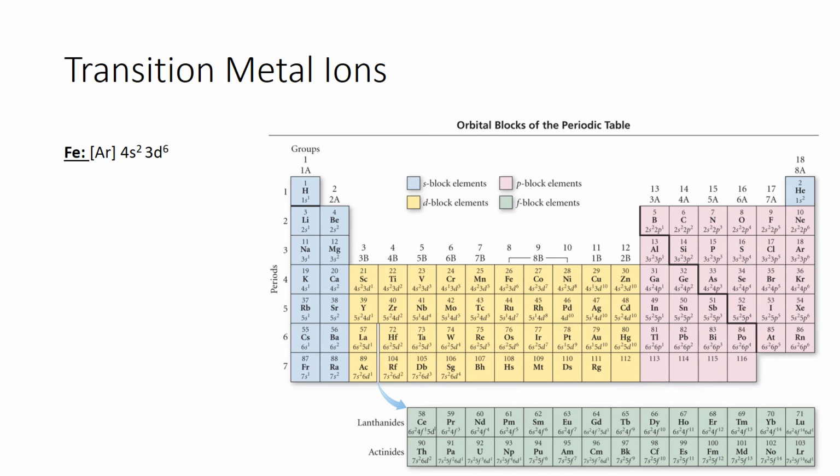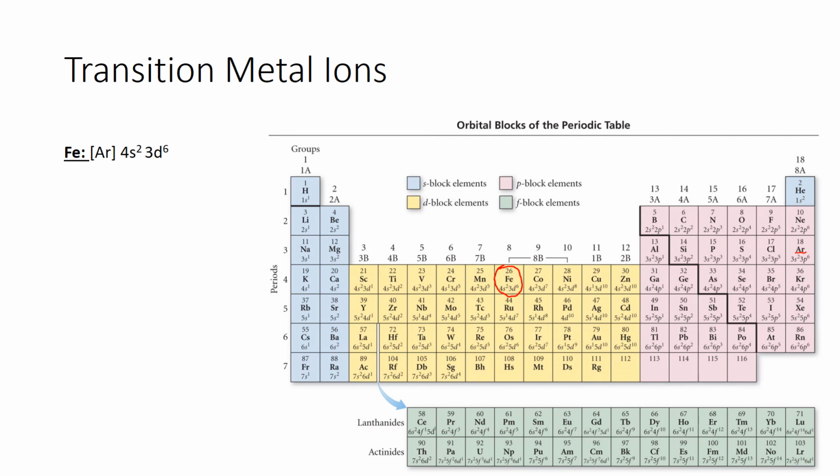It's element number 26, right there in the middle of the D block. Its electron configuration with the noble gas shorthand is argon, the noble gas from the row above, and then in the fourth row we go through 4s2, and then it's the sixth element in the D block, so it's 4s2 3d6.